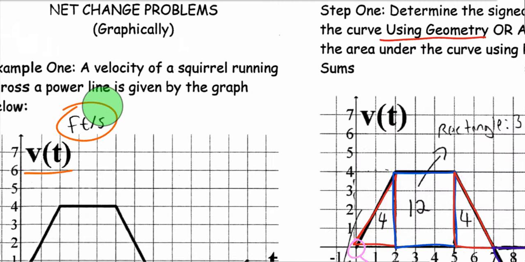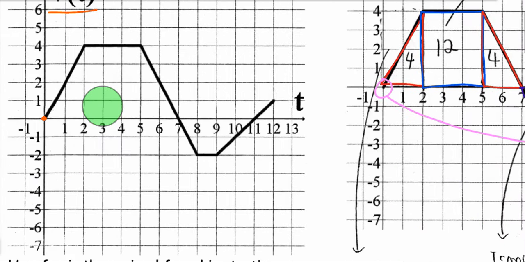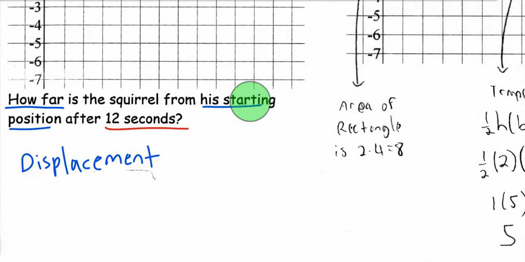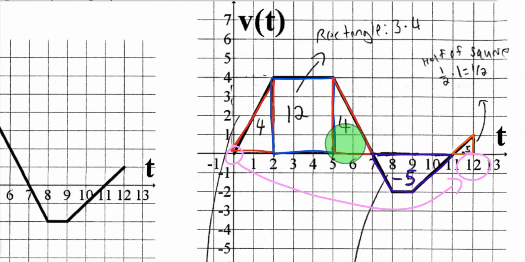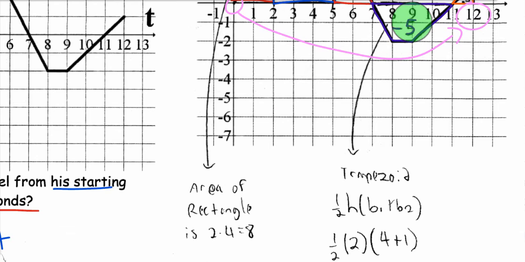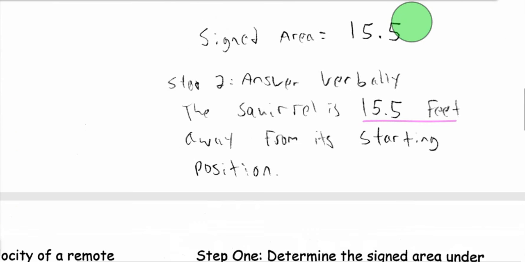Again, here's the velocity graph. We want to know how far the squirrel is from its starting position. We want to know its displacement, and we do that by finding the net area of velocity, making sure, again, to include these areas as negative. We find out that the squirrel is 15.5 feet from its starting position.